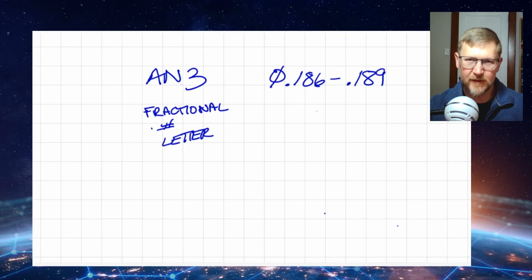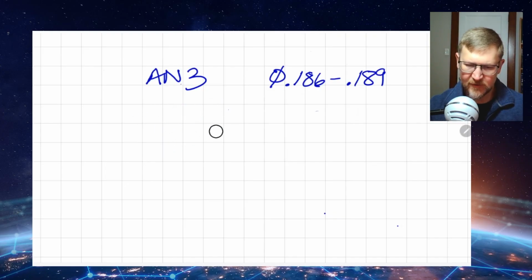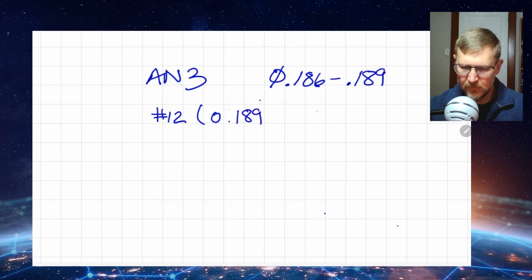But if you look at the decimal equivalent to all of these, you're going to see exactly what these units are. Let's just take for example a couple sizes. If I look at a number 12 drill bit, that actually has a dimension of 0.189. And of course all these will be in inches.